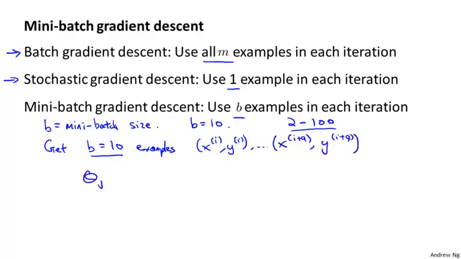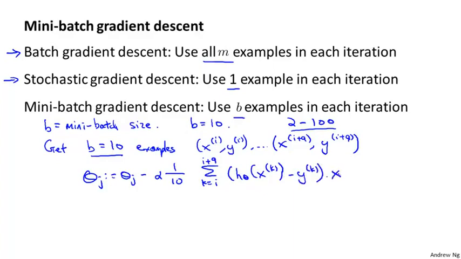And then we'll perform essentially a gradient descent update using these 10 examples. So that's learning rate times 1/10 times the sum over k equals i through i plus 9 of h subscript theta of xk minus yk times xkj.